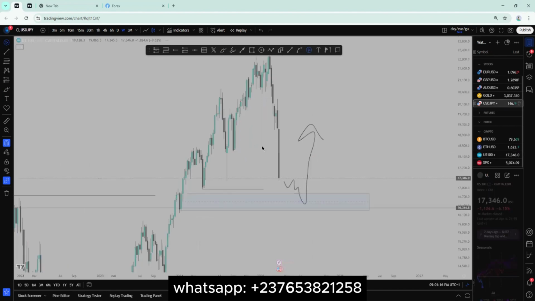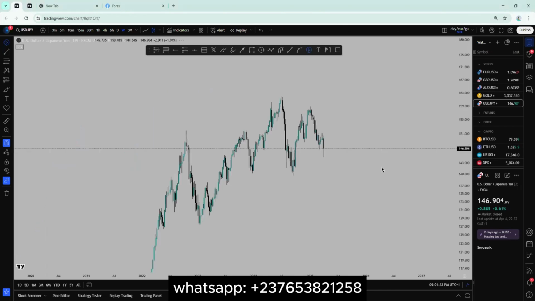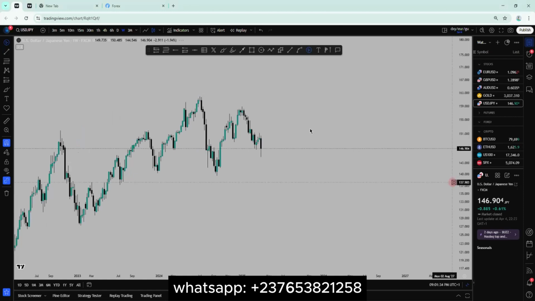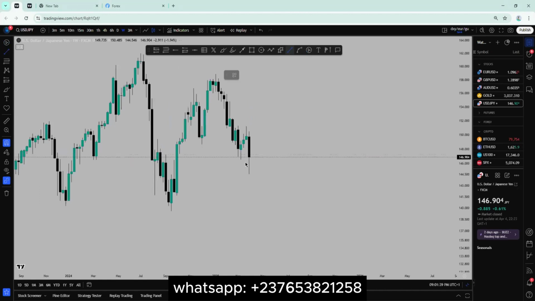USD JPY. Okay, USD JPY on the weekly time frame. We're having that similar rejection as we had in the DXY.